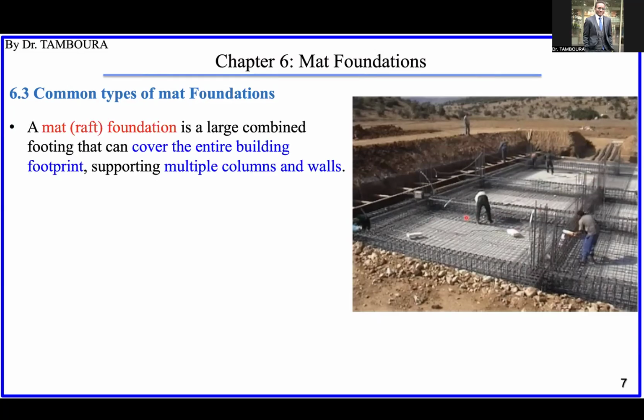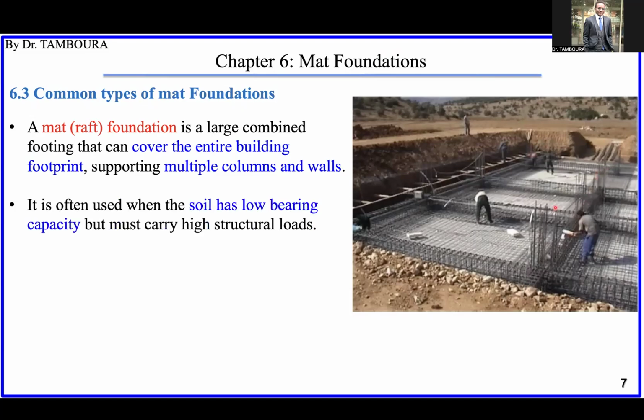Okay. So this foundation is a large combined footing that, as I said, covers the entire building footprint, and it supports multiple columns coming down. You can count them if you want. It is used mainly when the bearing capacity of the soil is very low.